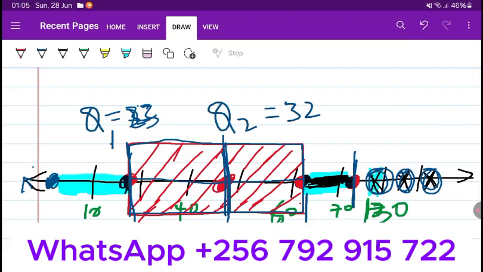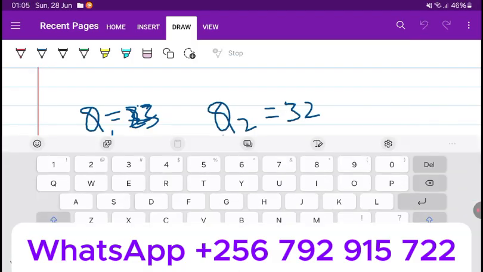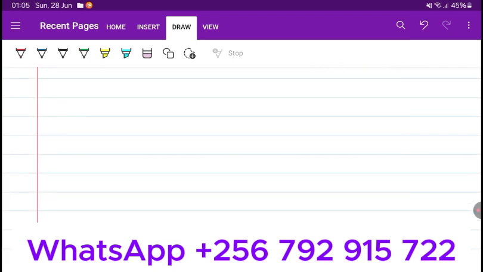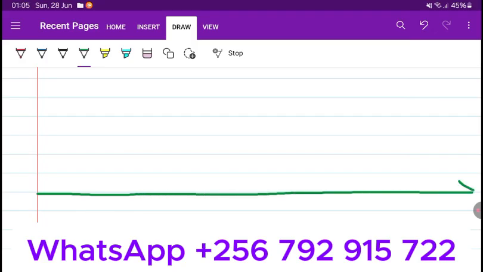Of course, you are going to find other books that draw it differently. As I've said, you are going to find some books and maybe they have drawn their box plot in this format. Doesn't mean that they are wrong. They are just going to show a scale, maybe moving like this, and maybe that way.